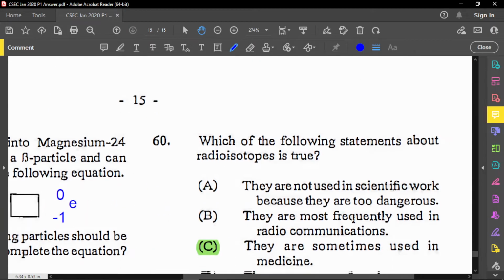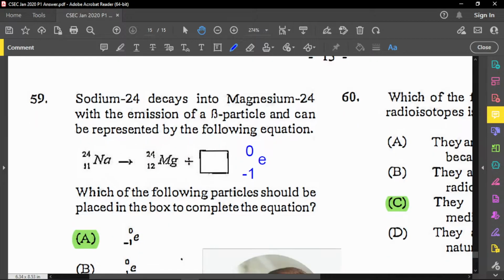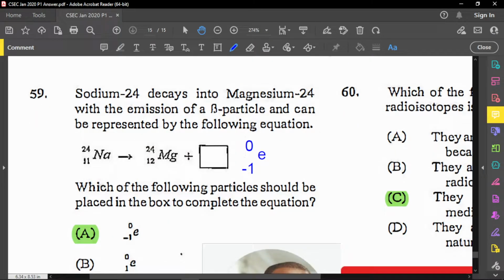Now let's go to our final two questions. Question number 59 is sodium 24, and this is what I was talking about. Sodium 24 means 24 is the mass number. It decays into magnesium 24, where 24 again is the mass number, with the emission of a beta particle, and can be represented by the following equation. Notice that a beta particle was emitted.